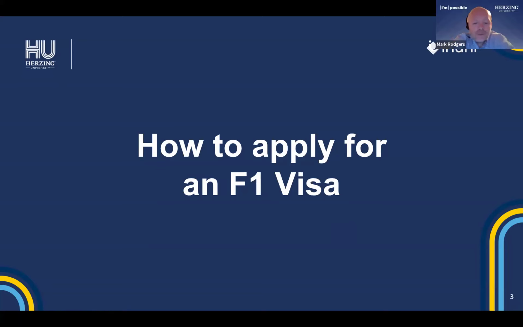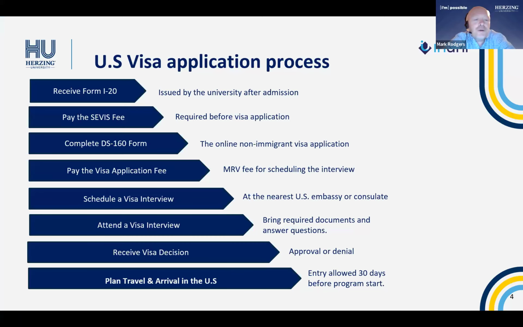So, as she said, today we'll talk about that. Let's talk about the steps to applying for an F1 visa in the U.S. The first step is to receive an I-20 from the university. Next would be to pay your SEVIS fee. The next step would be to complete the DS-160 form.